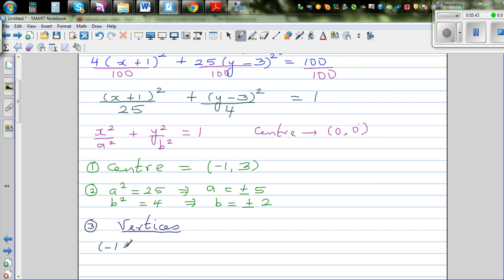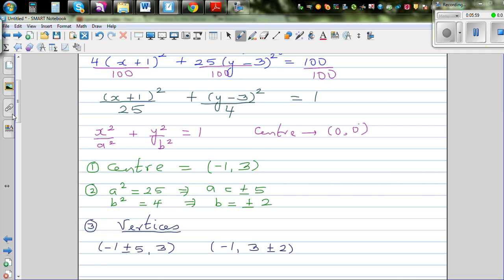So it'll be minus 1 plus or minus 5 comma 3. And vertically you're going 2 up or down. So this will be minus 1 comma 3 plus or minus 2.